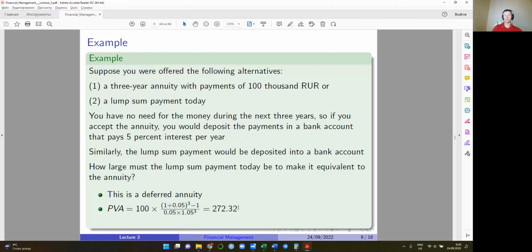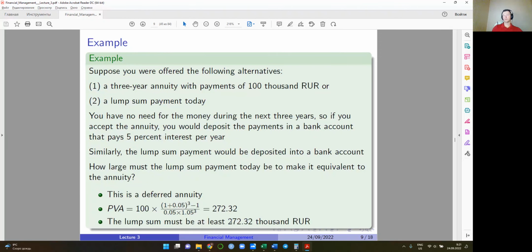So this is 232.32. The result of this computation is just arithmetic, so I'm not discussing how to calculate this. I'm just showing you how to apply the formulas we have discussed. The payment goes here, the interest rate goes here, and then we have 3 years here and here.